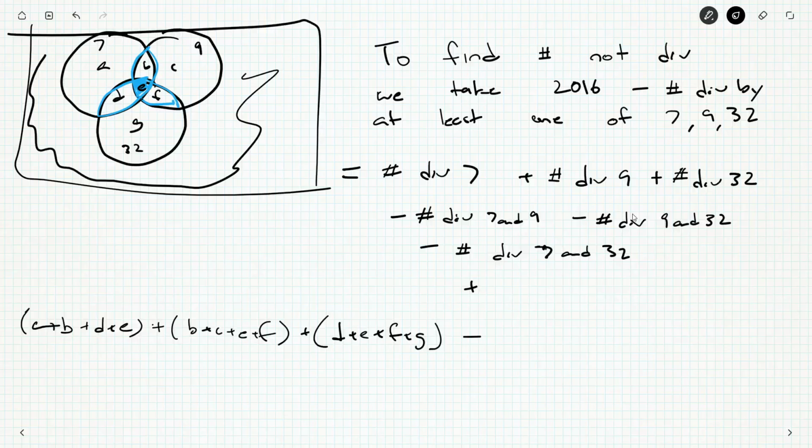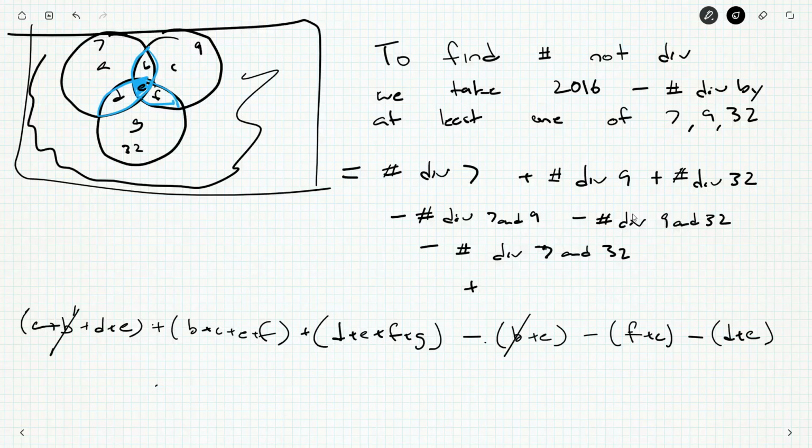Well, I've got too many B's, for example, so we have to subtract the overlap. Between 7 and 9 is B plus E. Between 9 and 32 is F plus E. Between 7 and 32 is D plus E. So this cancels out with one of those.